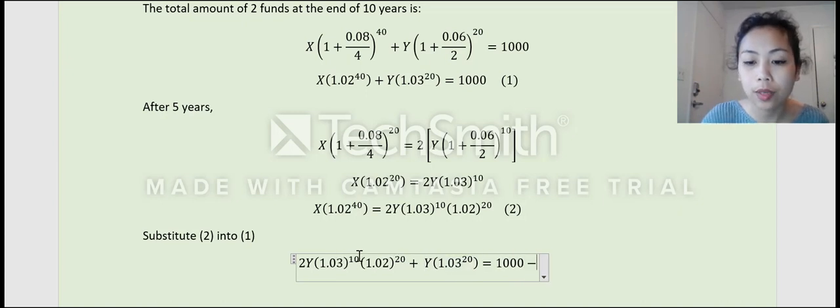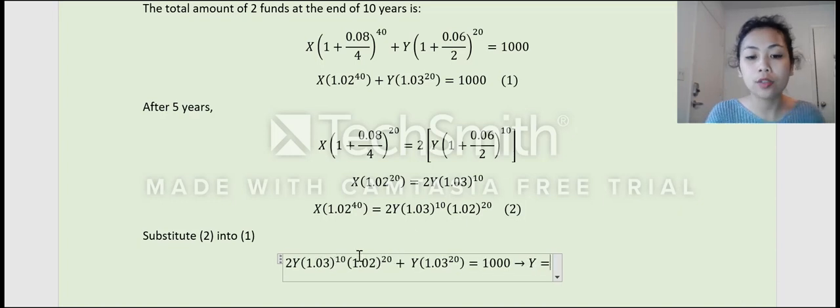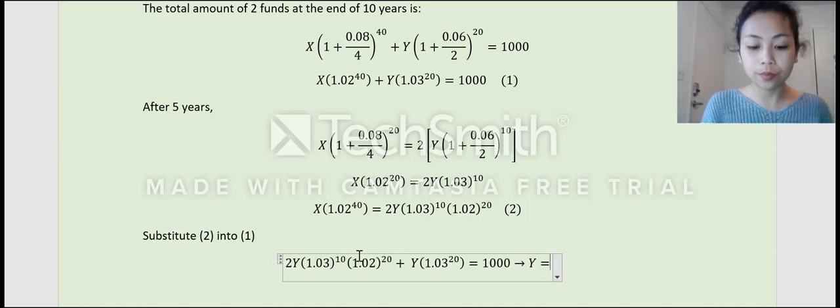And from here we would be able to find Y. So Y equals 1000 divided by 2 times 1.03 to the power of 10 times 1.02 to the power of 20 plus 1.03 to the power of 20.